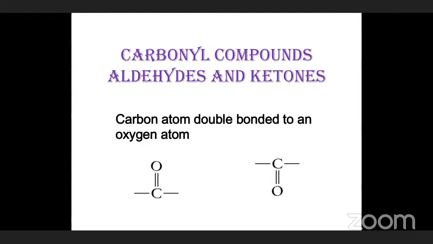So you've come across alcohols which have a functional group OH, generally represented as ROH, where the R can be an aliphatic or aromatic substituent. Then you went ahead to talk about the ethers, ROR prime. Then, so today we're going to be looking at the carbonyls.